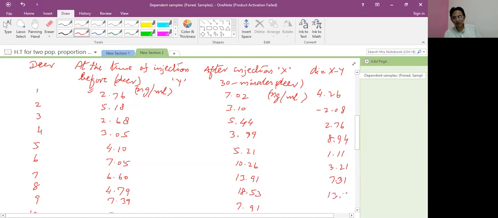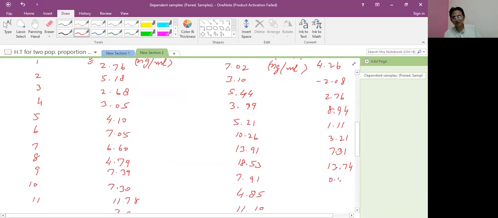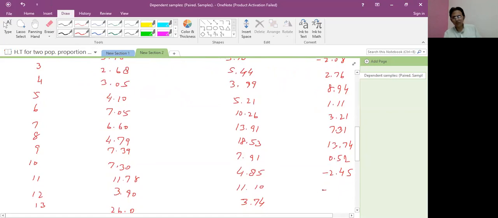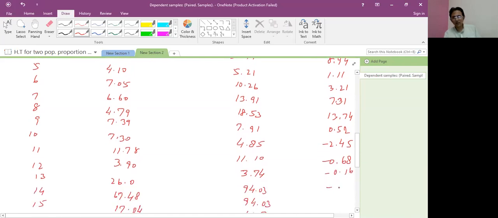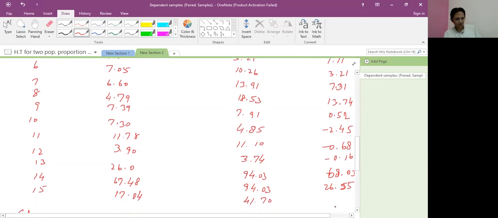After that, 13.74, 0.52, minus 2.54, 45, minus 0.68, minus 0.16, 68.03, 26.55, and the last one is 24.66.